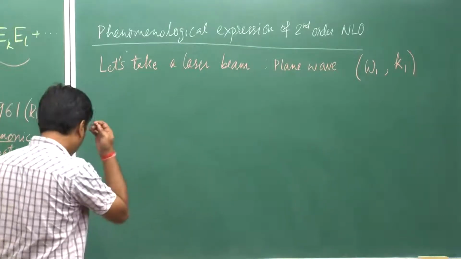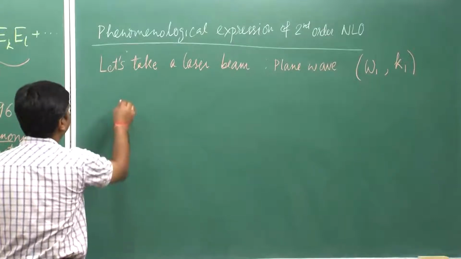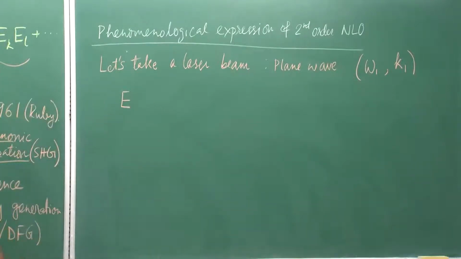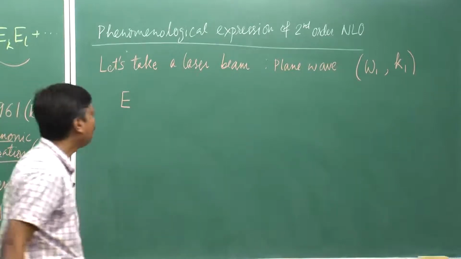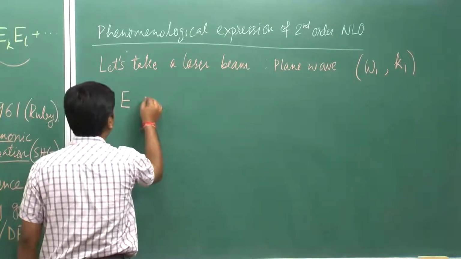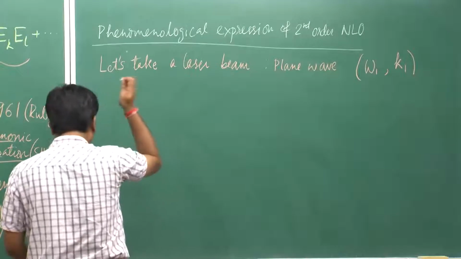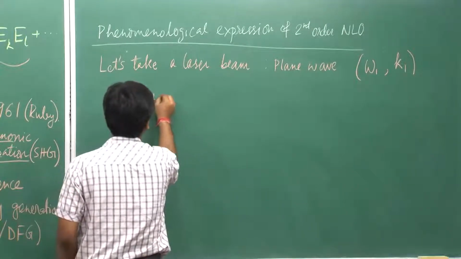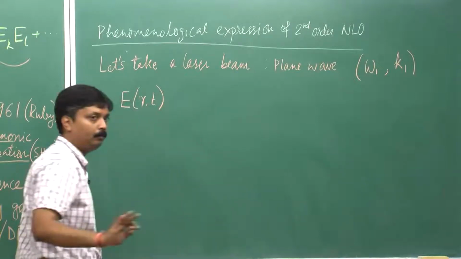Okay. So, the electric field associated with this, when I am sending it to any material, so the electric field will be, I will specify the position and the particular time. Okay.